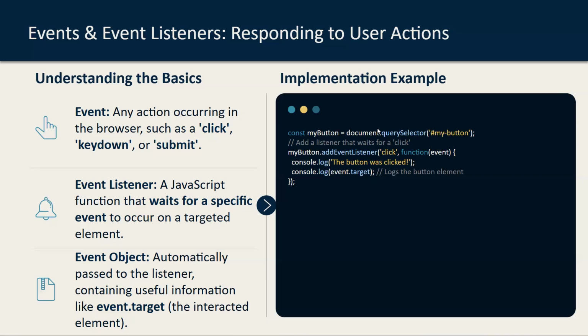So when the button is clicked, the function runs, logs a message, and also logs the event.target, which tells us which element triggered the click. So events are the actions, listeners wait for them, and the event object gives us information about what exactly happened.